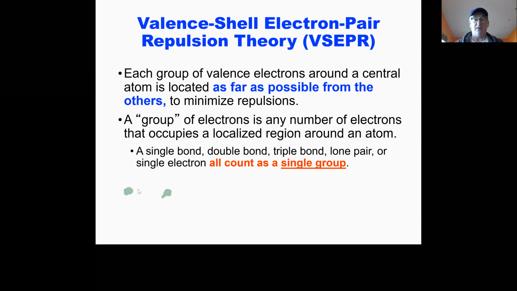What we're really talking about is the density of where we can find electrons in space. And so if I have a carbon-carbon single bond, I'll have this sort of density of electrons in space. And if I add them all together, it'll be like the density of 2 electrons.